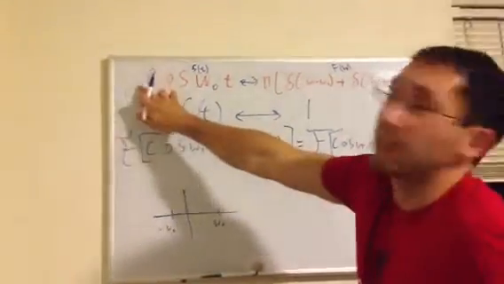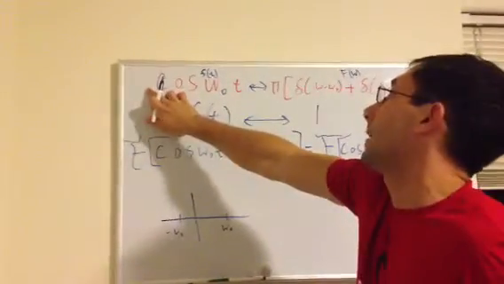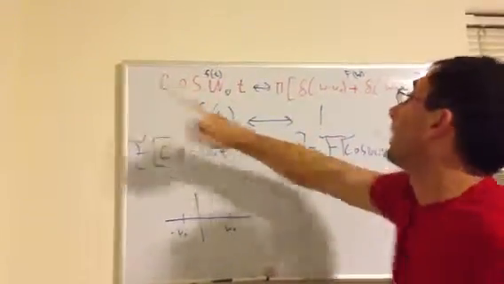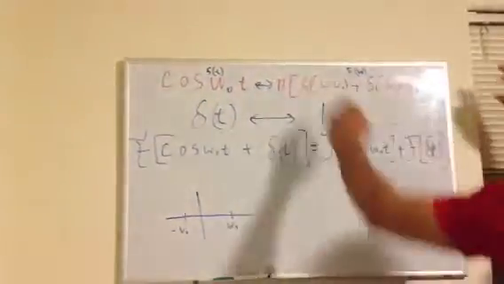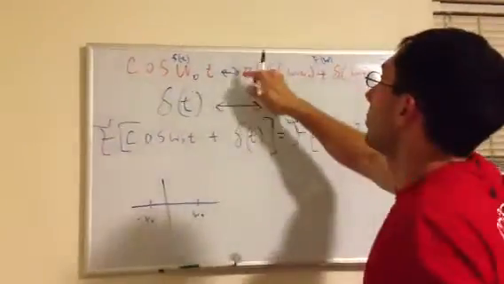We aren't multiplying by anything. If we were multiplying by something, say 2 cosine omega naught t, then it would actually be 2 pi. If it was 4 cosine omega naught t, then it would be 4 pi multiplied by this whole thing. But we're not doing that. It's just 1.